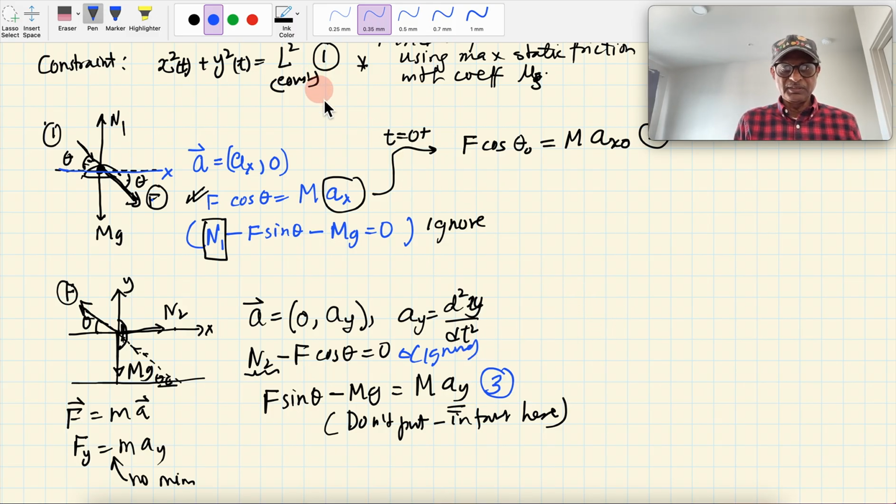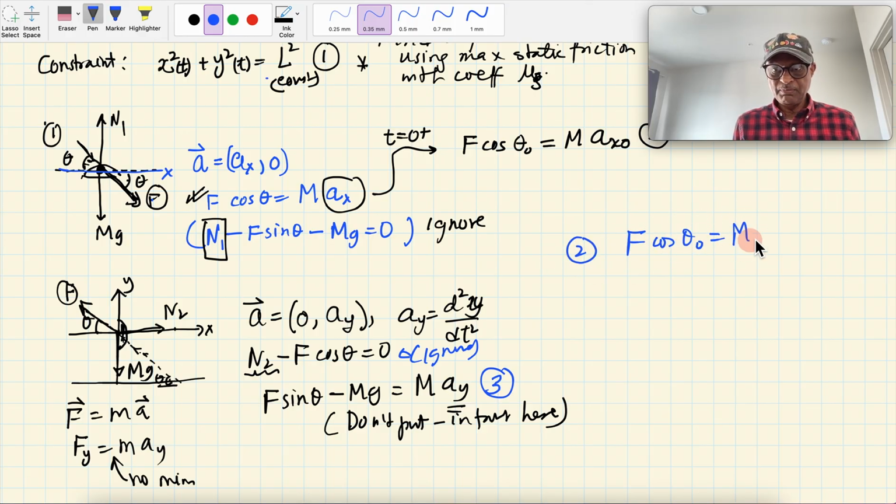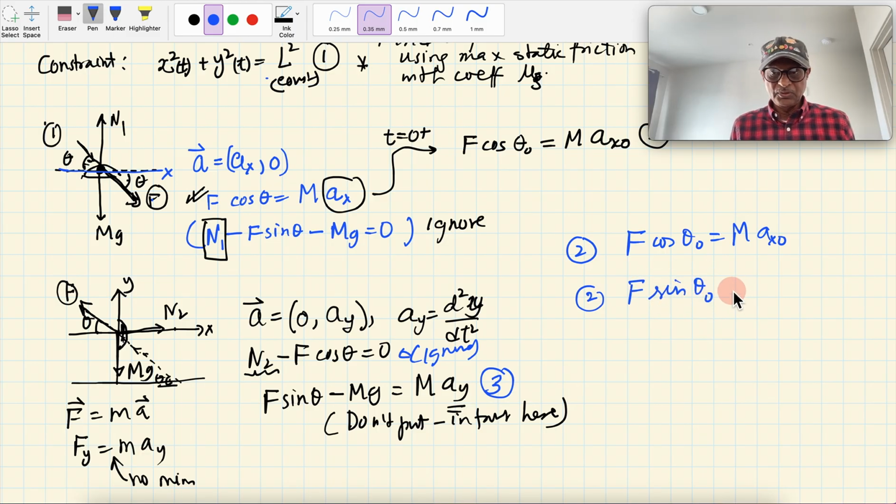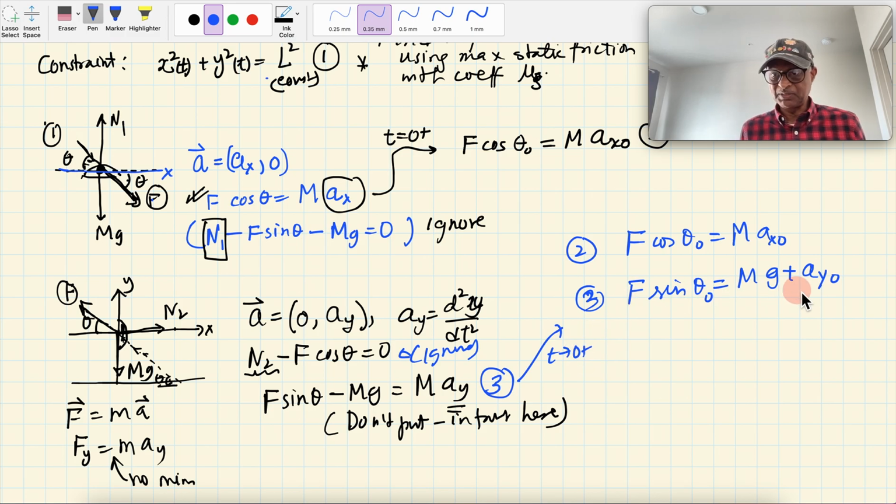So equation 1 does not have ax. If you look at 2, f cosine theta at 0 equals m ax at 0. Equation 3 is f sine theta at 0 equals m g plus ay at 0, at t going to 0 plus, it becomes like that.